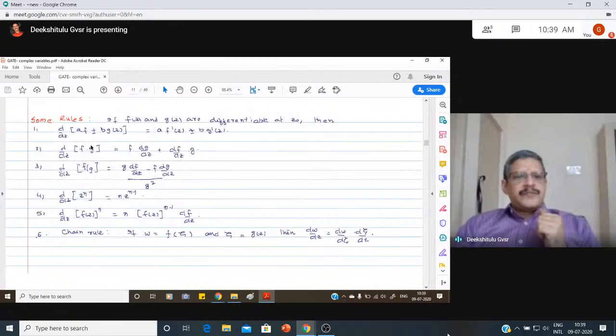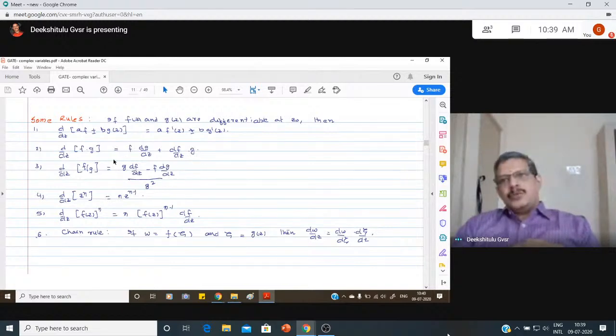And some rules on differentiation: d by dz of a f plus or minus b into g, where a and b are constants, maybe complex constants, is equal to a into f dash z plus or minus b into g dash z. And d by dz of f into g is f into dg by dz plus df by dz into g, the same thing. And d by dz of f by g is g into df by dz minus f into dg by dz, by g square.